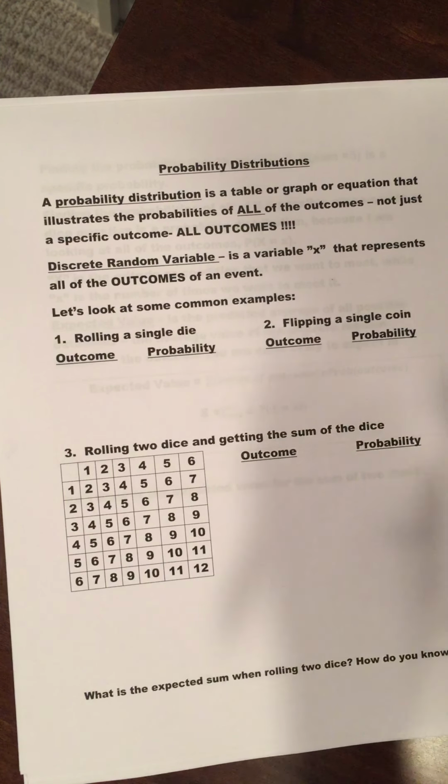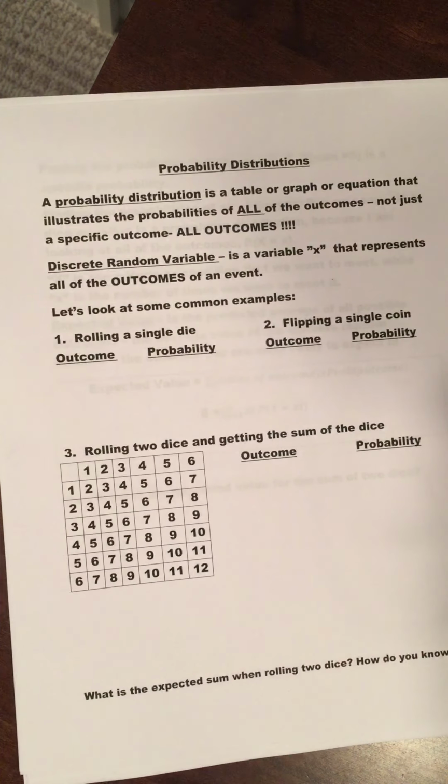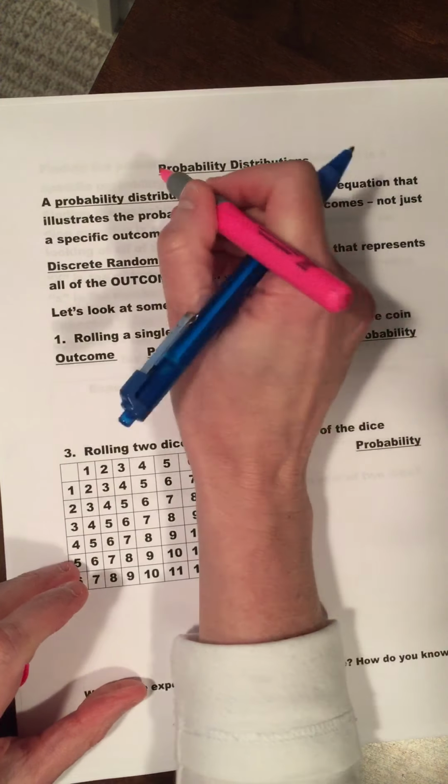All right, let's take a look. We're dealing with a probability distribution. Let's break it up into the word probability and the word distribution. You know what the word probability means. We've spent an entire unit on it.